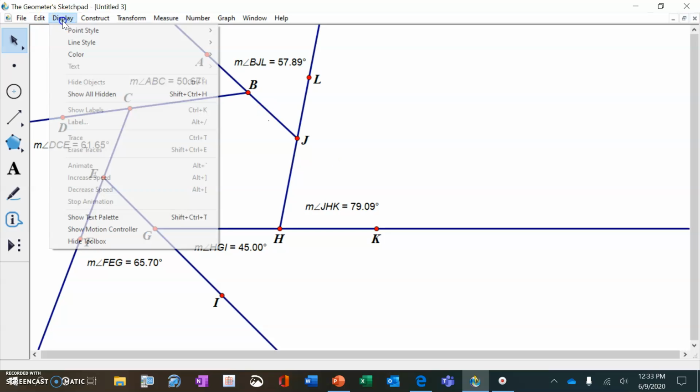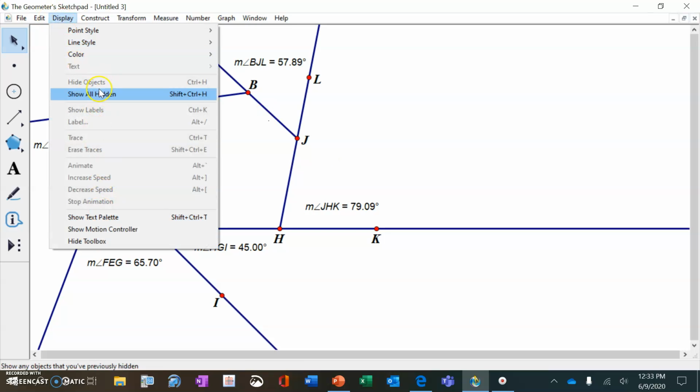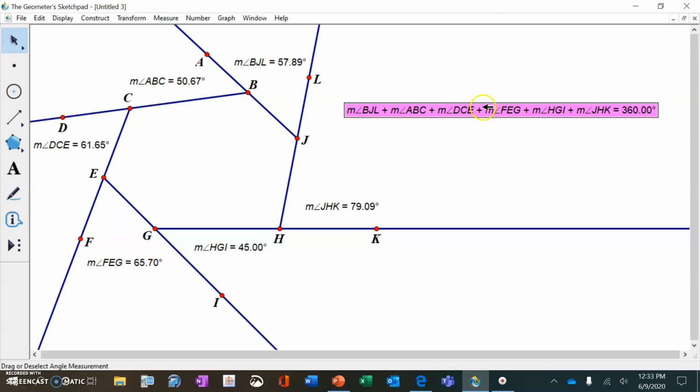Okay, then I added those up. So I have that hidden. I'll bring it forward now. 360 again. So it doesn't seem like the interior angle sum equals the exterior angle sum. It seems like every time I have a polygon, no matter how many sides it has, the exterior angles always add up to be 360 degrees.